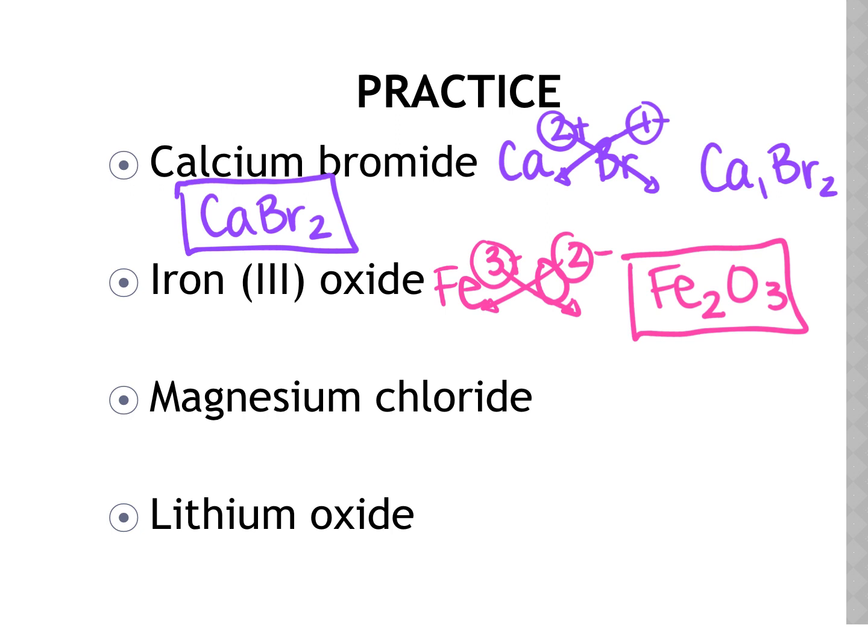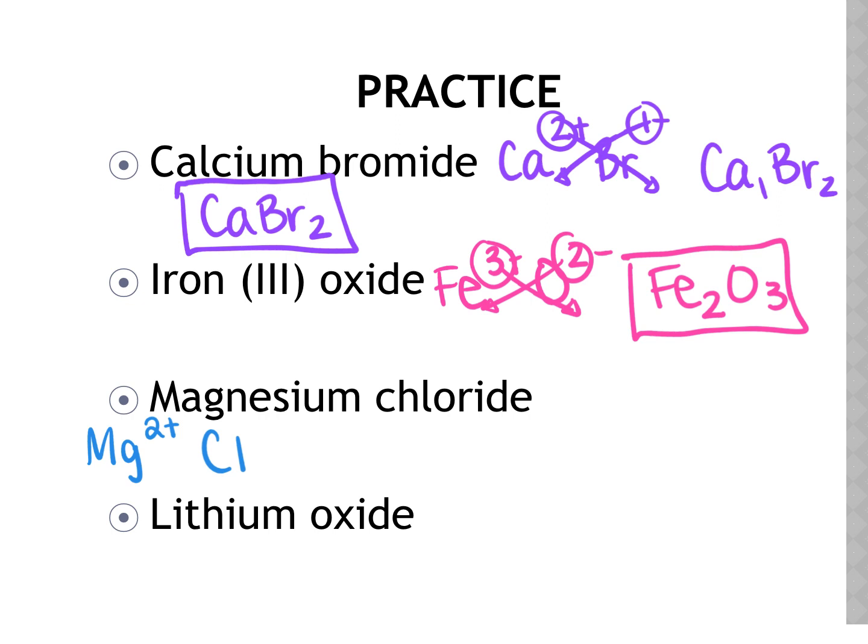All right, let's look at magnesium chloride. What's magnesium? Okay, Mg with a +2. And what's chloride? Okay. Cl, what kind of charge does it get? 7? No. -3. Right?